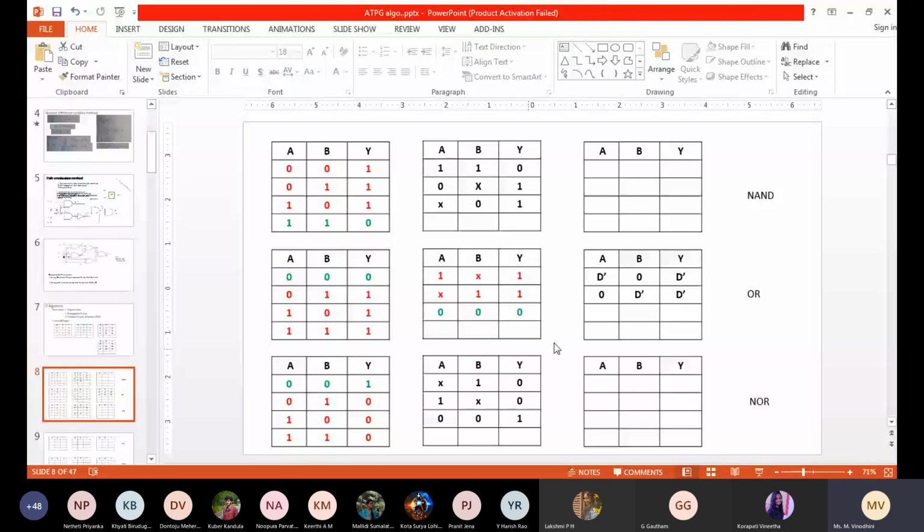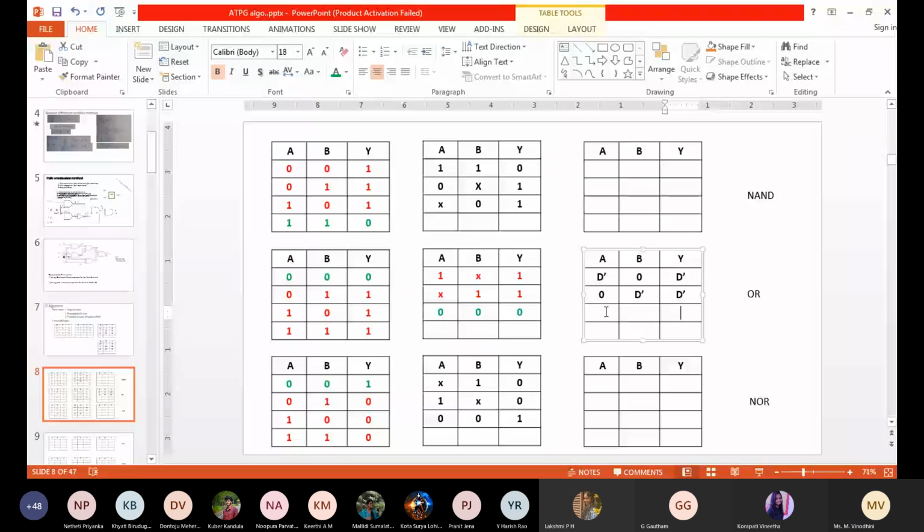So what will be the last one? Can you tell me now? 0, 0, 0. Opposite value will be 1, 1, 1. D bar, D bar, D bar. So what will be the other propagation D cube table?